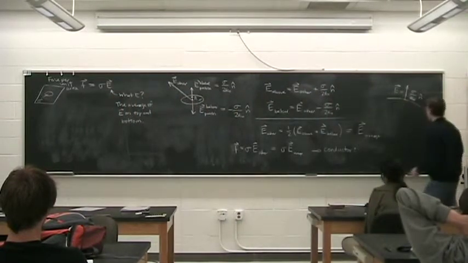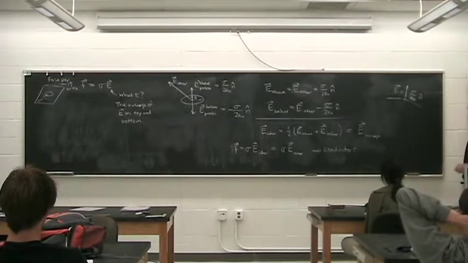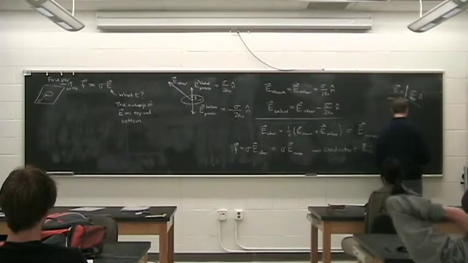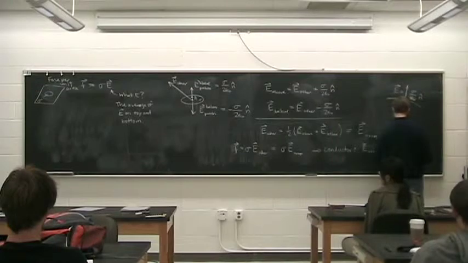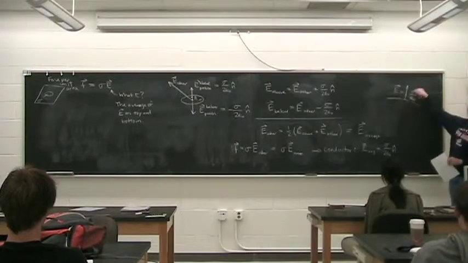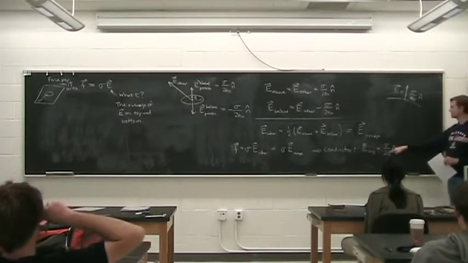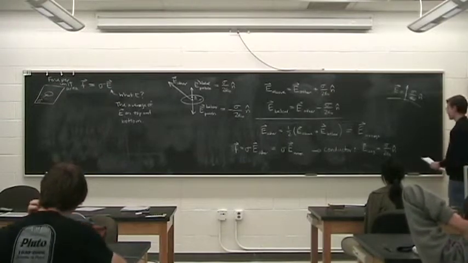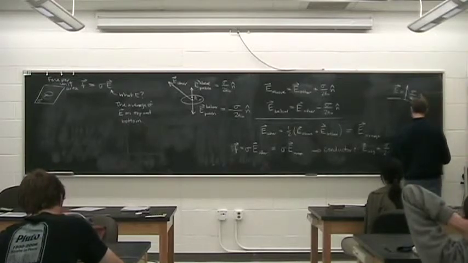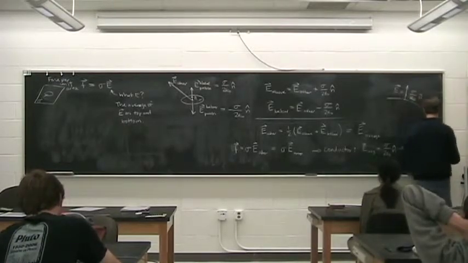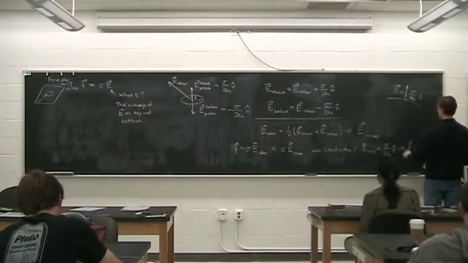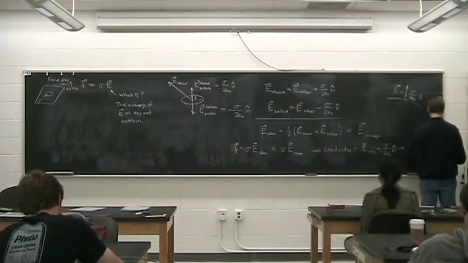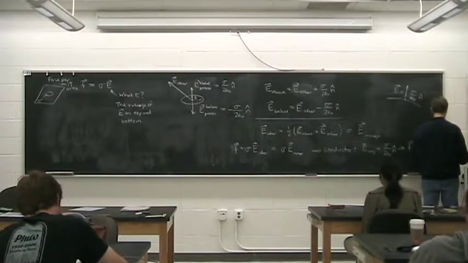And so the average value of the electric field in the case of a conductor is going to be equal to sigma over 2 epsilon naught n hat, because I'm just averaging 0 and sigma over epsilon naught n hat, so that averages to sigma over 2 epsilon naught n hat for the electric field averaged on the conductor surface. And so on a conductor, the force per unit area is going to be sigma times E average, which is sigma squared over 2 epsilon naught times n hat.